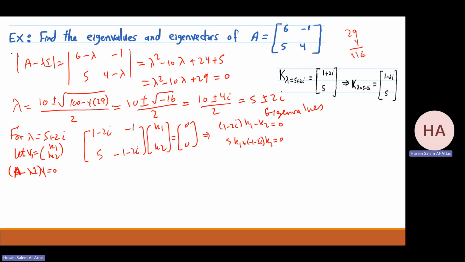How to show they are the same? I'll multiply the first equation by 1 plus 2i, just to show you they are the same.